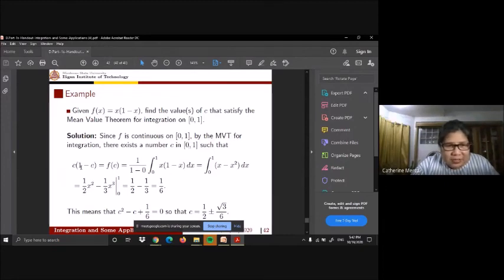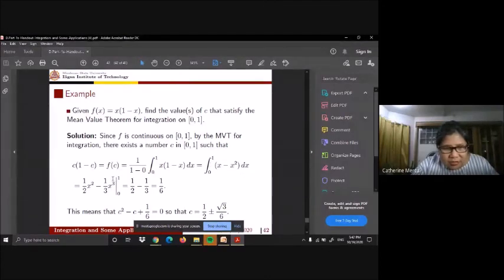Such that c times 1 minus c is equal to f at c, which is 1 over 1 minus 0 times the integral from 0 to 1, where the limits of integration are from 0 to 1, of this function. Substitute x times 1 minus x dx from 0 to 1. You can distribute x, so you will have x minus x squared dx. And then try to integrate this.